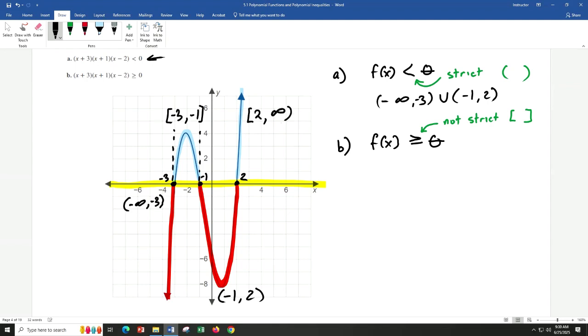Get that? Don't forget how you write it though.